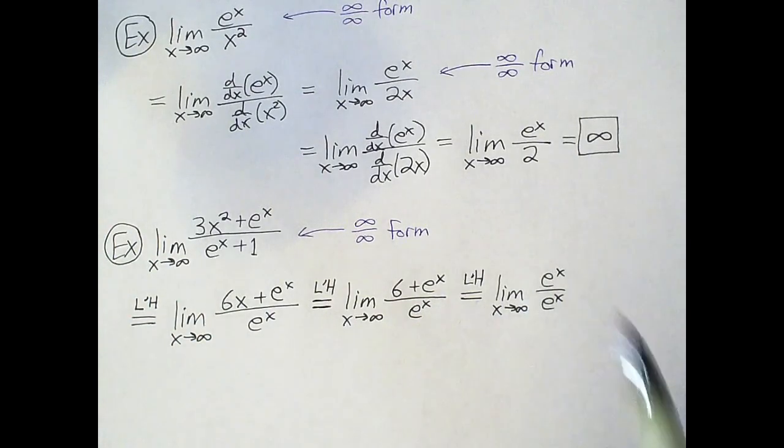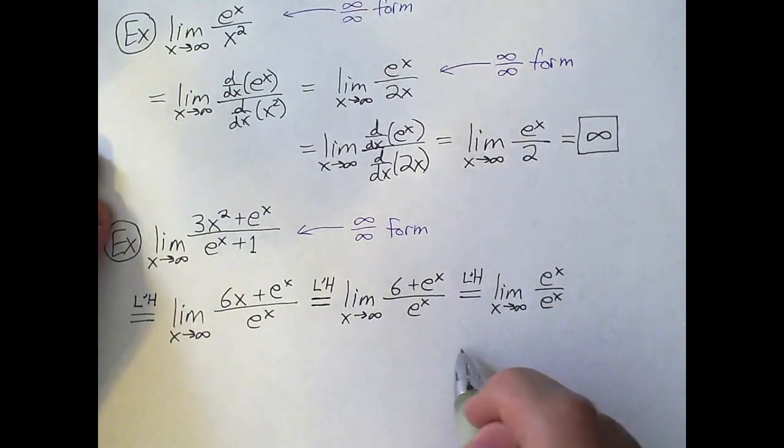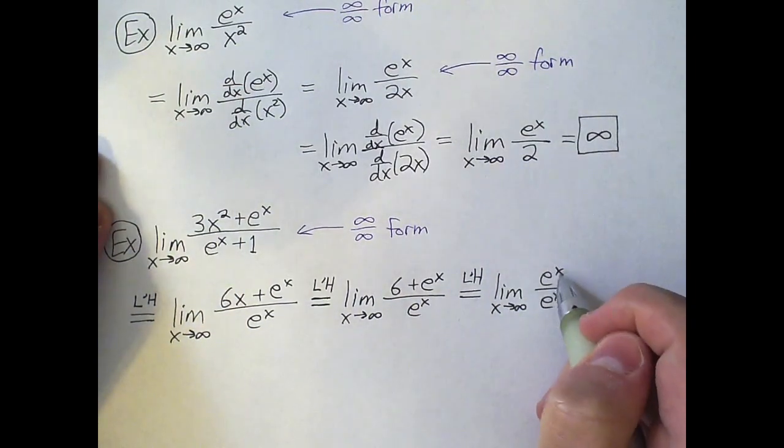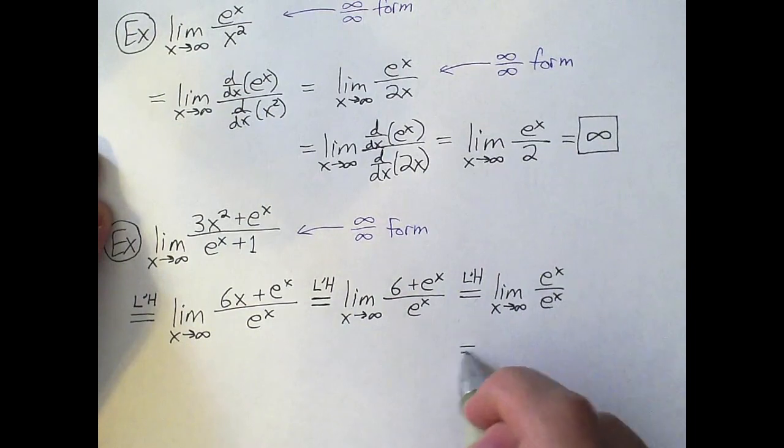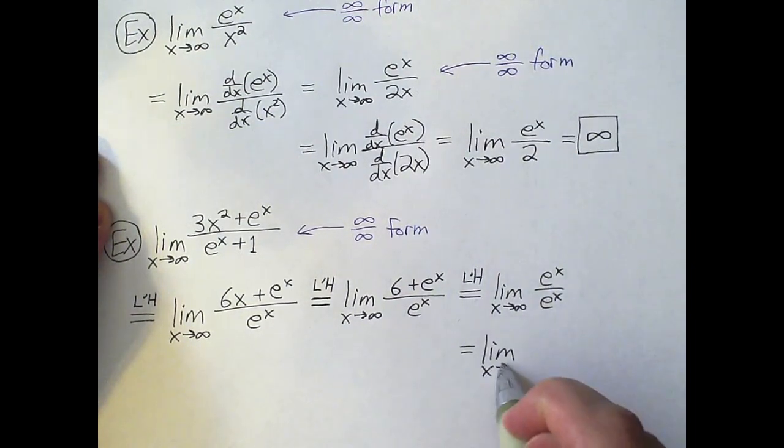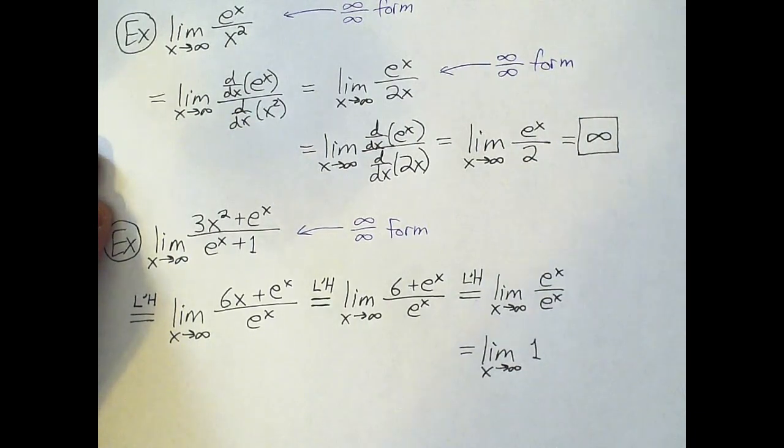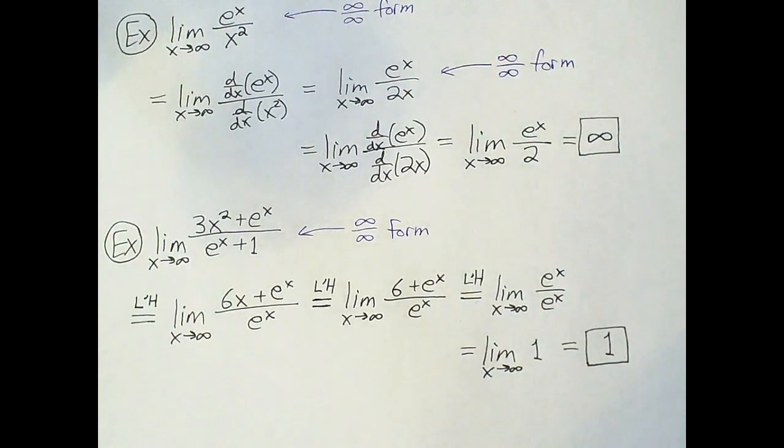We're just going to keep being in a loop, getting this over and over again. Well, here's the thing. e to the x over e to the x is 1. So don't apply L'Hopital's rule. Just say something divided by itself is 1. So the answer is 1. So that's one way to solve this.